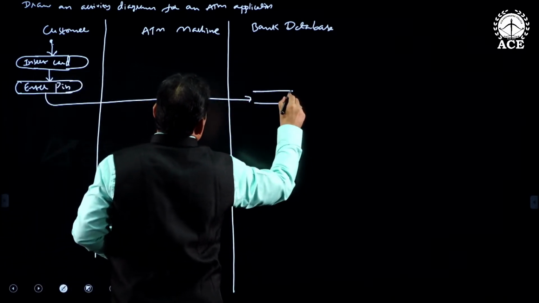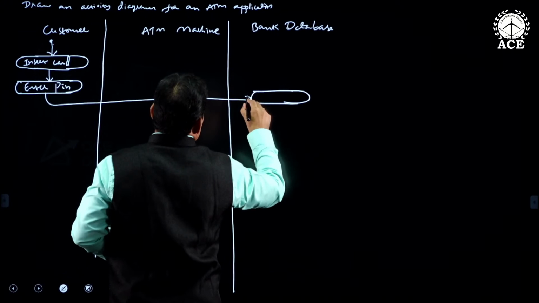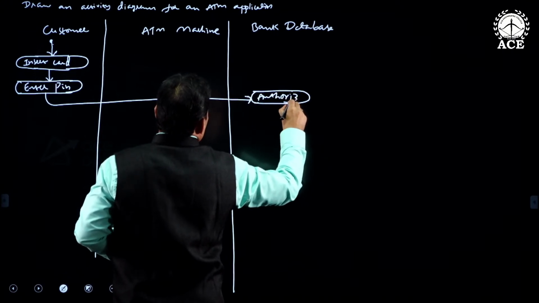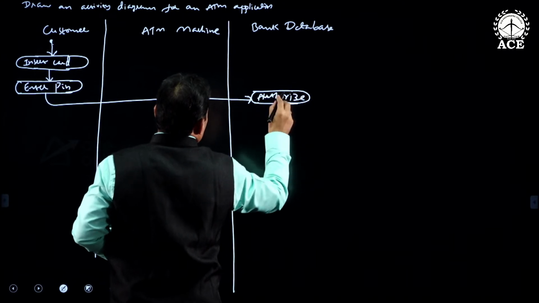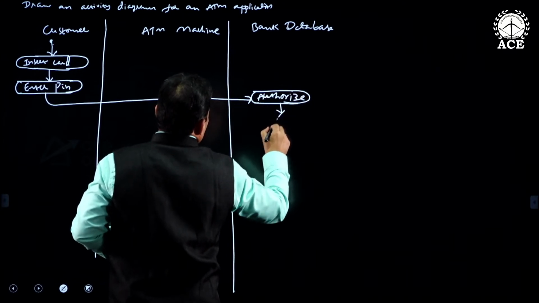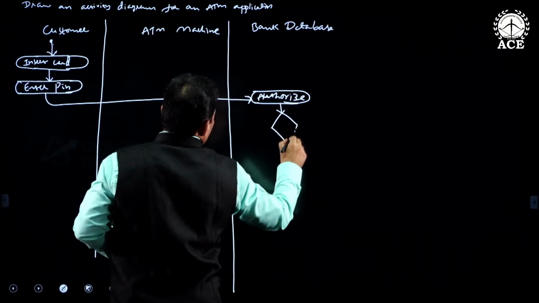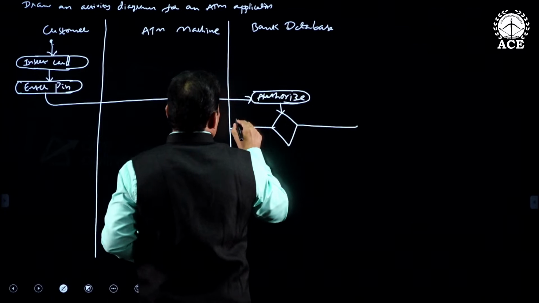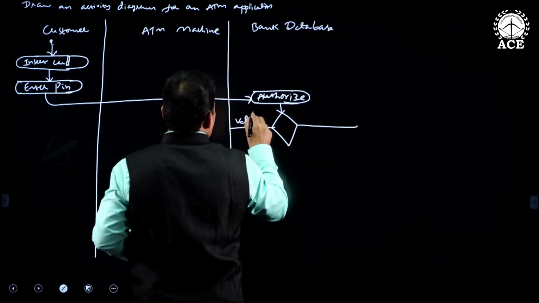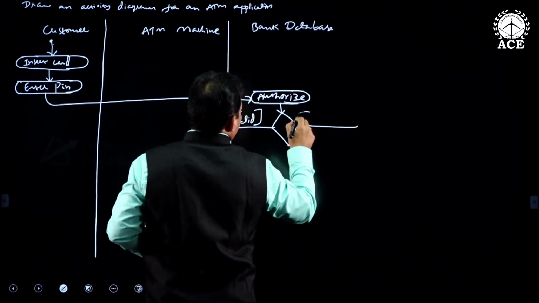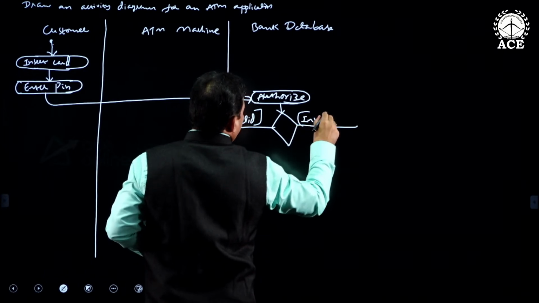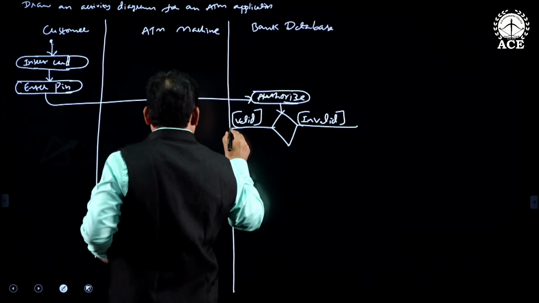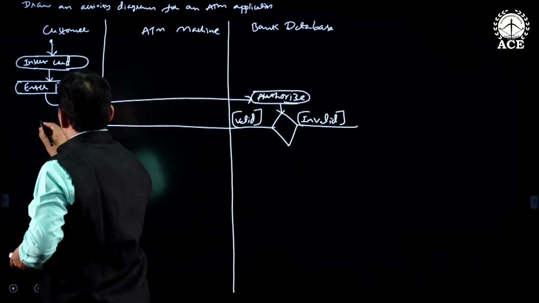If it is an invalid PIN, we will see what happens. If it is a valid PIN, what does the user have to do here?